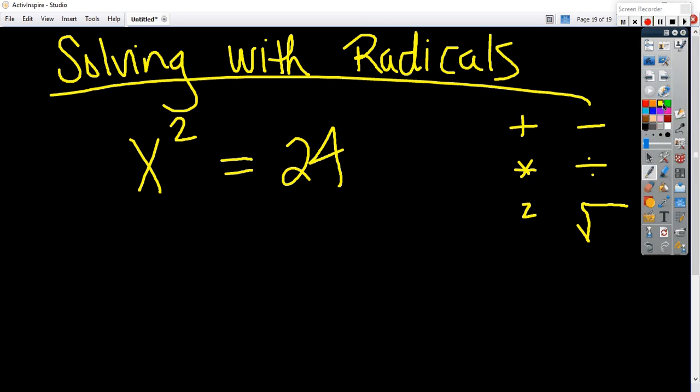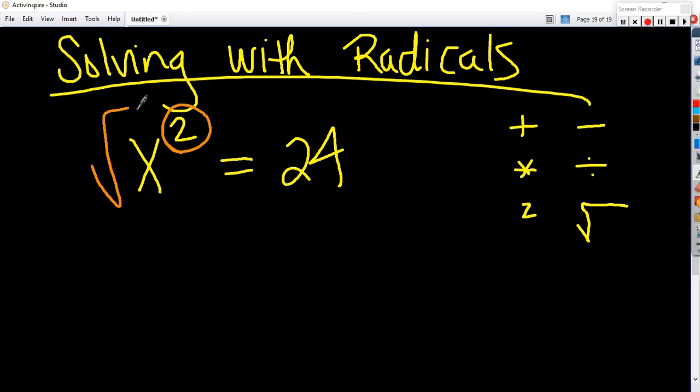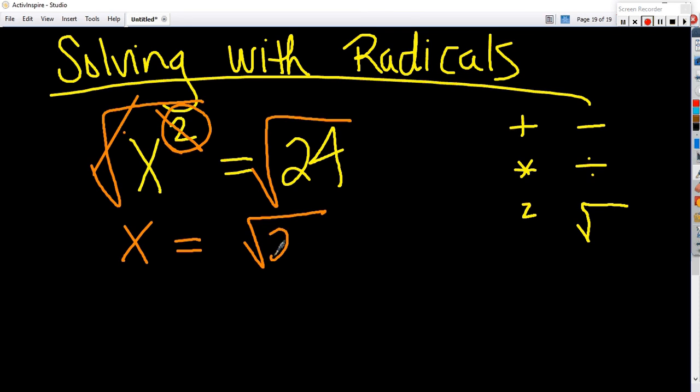So to get rid of that exponent of 2, I would have to take the square root on both sides. Right? This cancels. It always cancels. They just go away. So now I have x equals the square root of 24. But I'll have to apply what I did yesterday and simplify my square root.